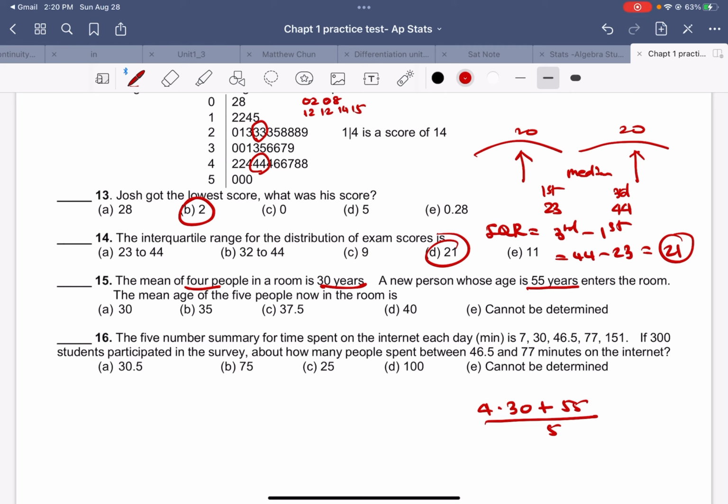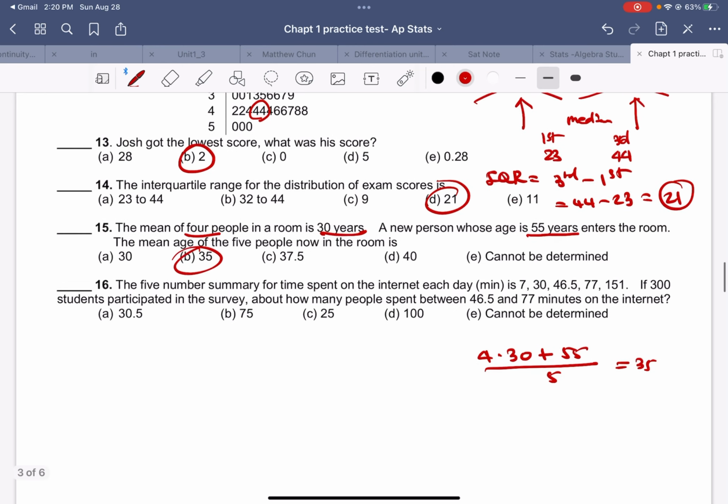So let's compute: 120 plus 55 is 175, divided by 5, you get 35. That's the new average age. So 35.